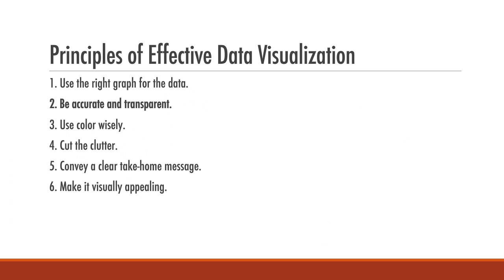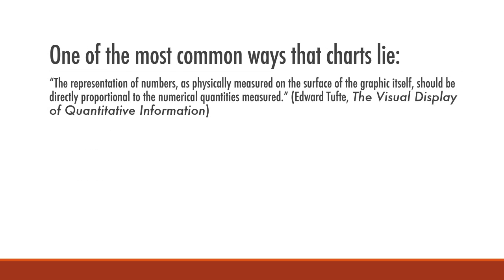So the second point here is be accurate and transparent. There are lots of ways that you can be inaccurate and non-transparent. So today I'm actually just going to focus on one of the most common ways that people lie with charts. Edward Tufte is considered the father of data visualization, and he wrote this classic book, The Visual Display of Quantitative Information. And in it, he puts forth several principles of how to be accurate when you're making graphics.